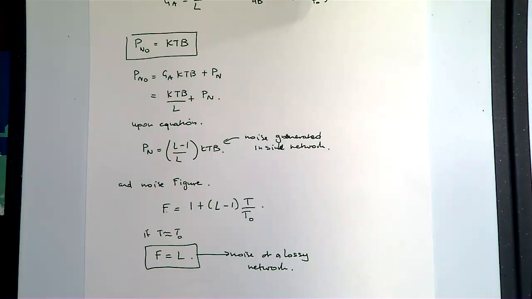Perfect. Just remember that off the top of your head. If I've got an attenuator or some kind of lossy element with a loss of L dB, its noise figure is L, right? Also, what is its gain? Minus L. Perfect. All right, good.